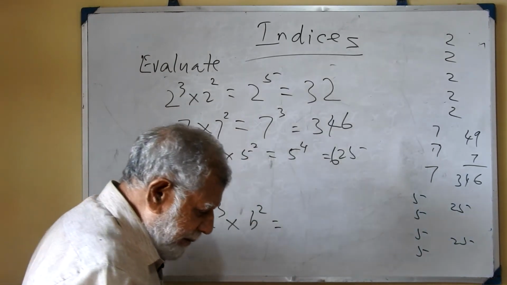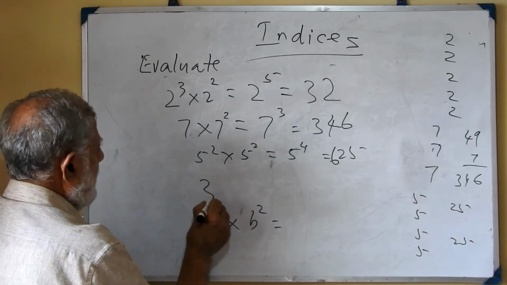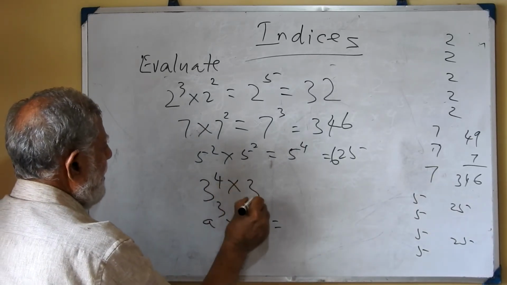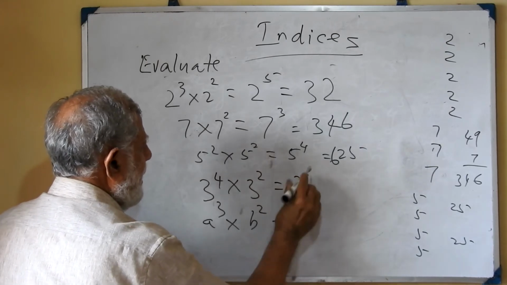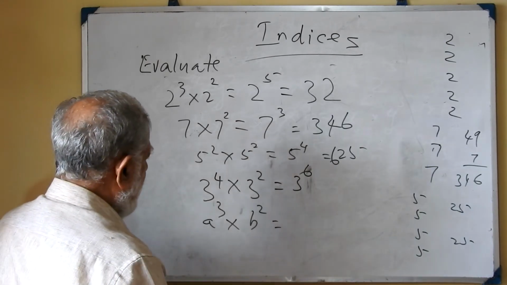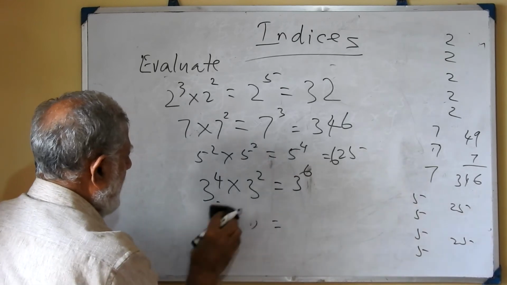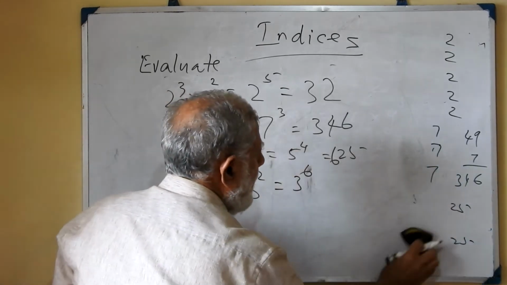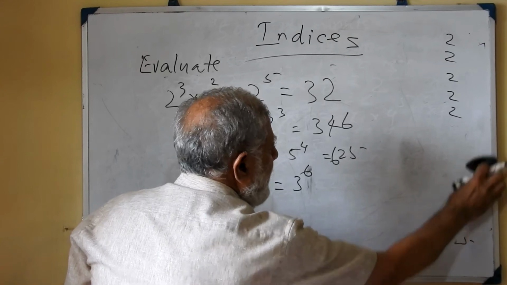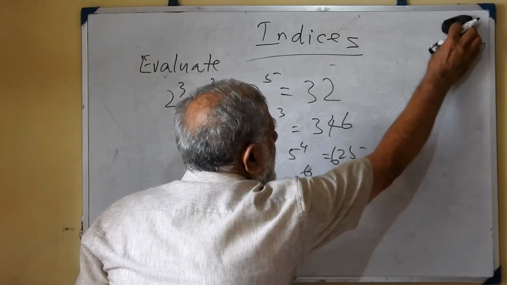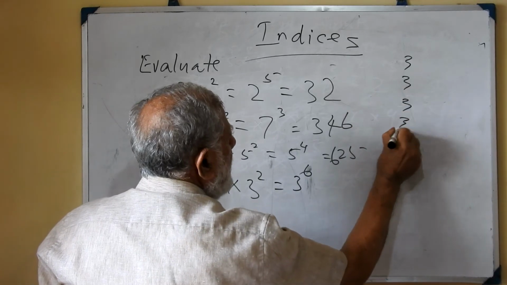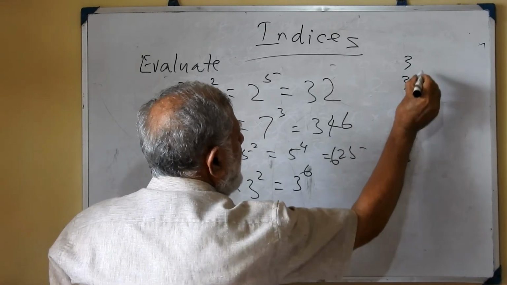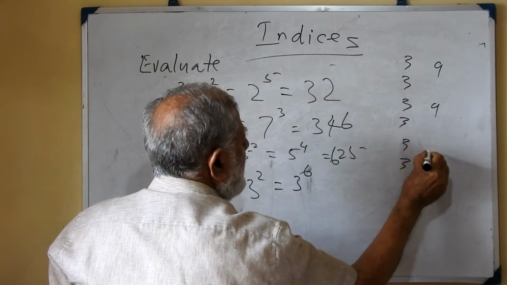One more example we'll take. 3 to the power of 4 into 3 to the power of 2. That is equal to 3 to the power of 6. How to get that? 3 you have to multiply 6 times. 3, 3, 3, 3, 3, 3. So this is 9, this is also 9, this is also 9.